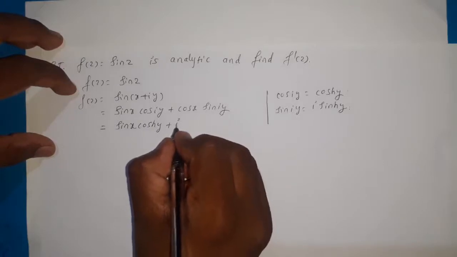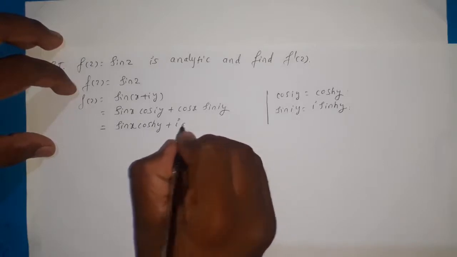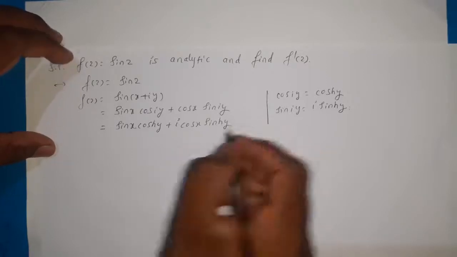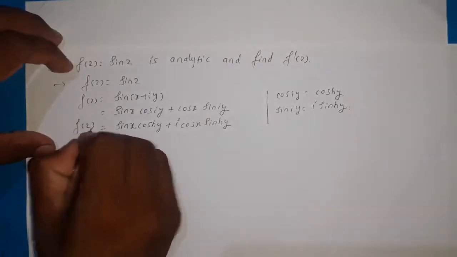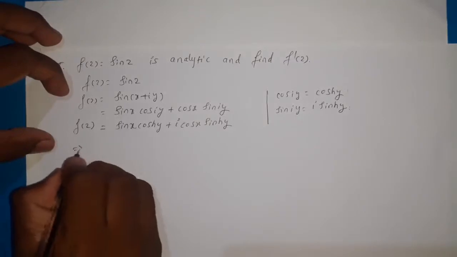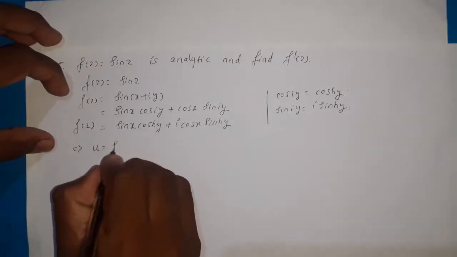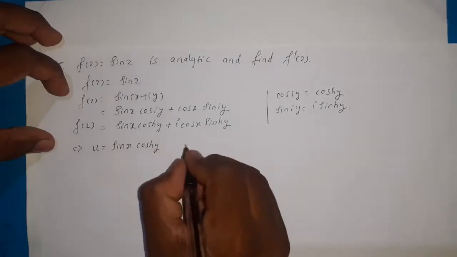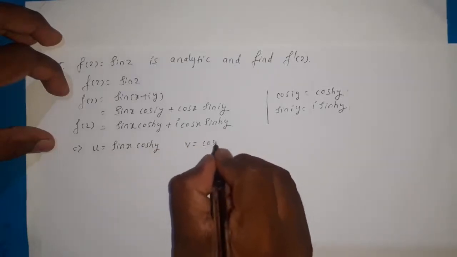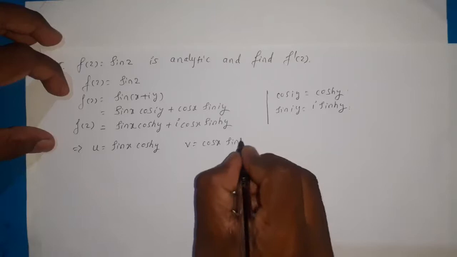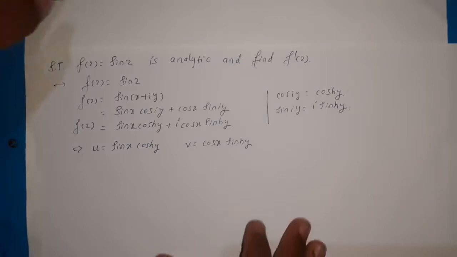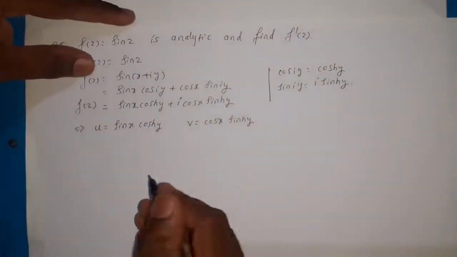So, therefore, we get sin x cos hyperbolic y plus i into cos x sin hyperbolic y, which is equal to f of z. So it implies that u equal to sin x cos hyperbolic y and v is equal to cos x sin hyperbolic y, because these are the real and imaginary parts of the function. Then use partial differentiation.